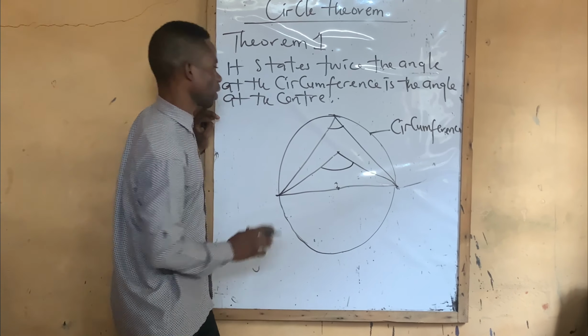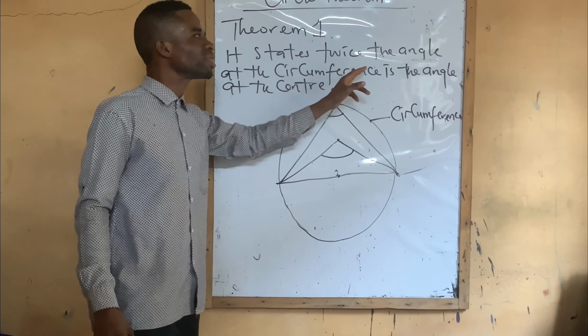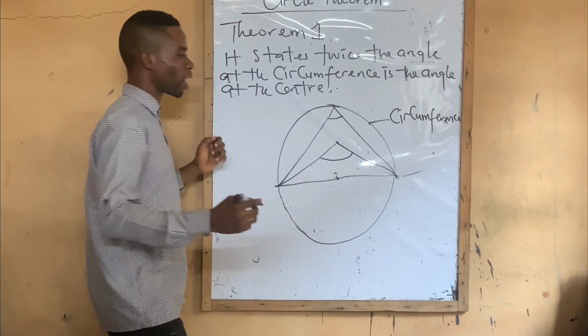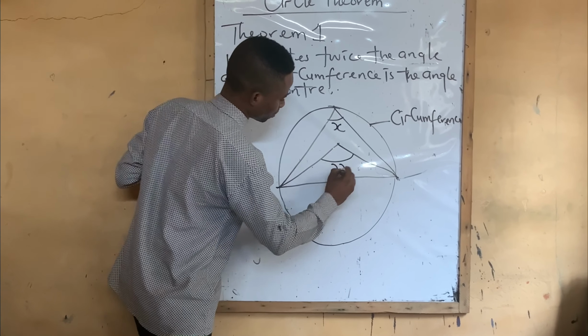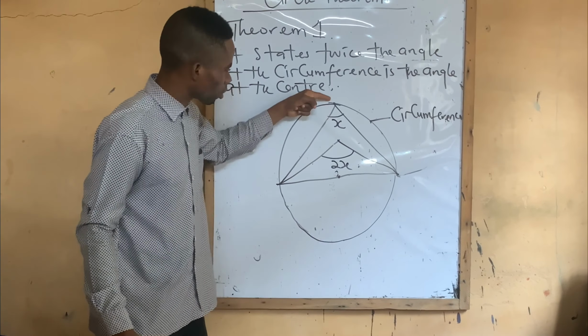But according to this theorem, twice the angle at the circumference is the angle at the center. That means if I have x here, what will I have? I'm going to have 2x. That means whatever I have at the circumference, I have to multiply it by 2 to get what I'm going to have at the center.